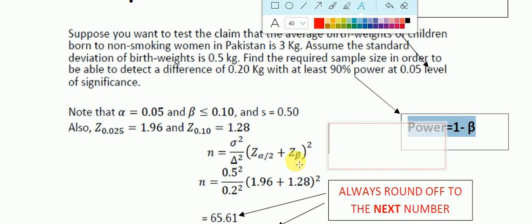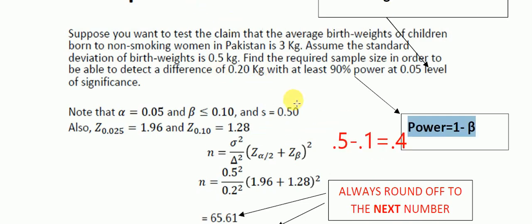So if we look up the value of z beta, how we'll do that, we'll actually first subtract the value of beta from 0.5. So here it is 0.1, which comes out to be 0.4. Then we'll look this 0.4 in the z table.